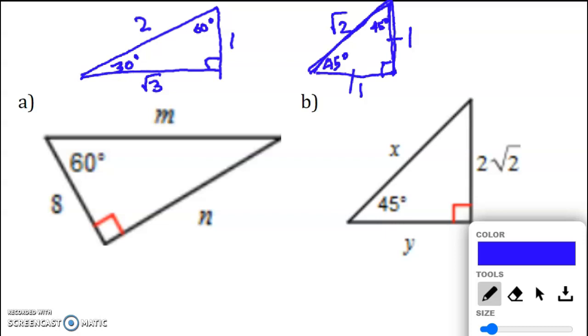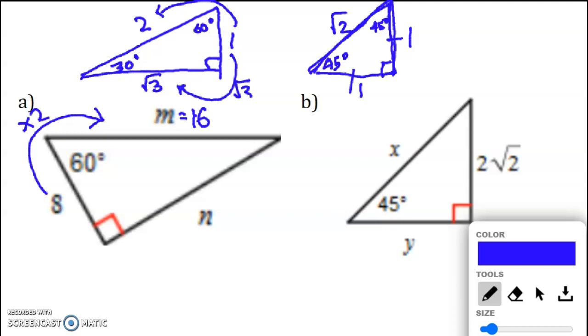To go from short leg to hypotenuse, what happened? You multiply by 2. 1 became 2, so that means you multiply by 2. So m is going to be 8 times 2, which is 16. What did I do from the short leg to the long leg? 1 became root 3, that means I multiply by root 3.